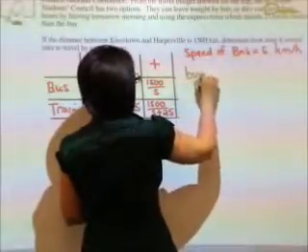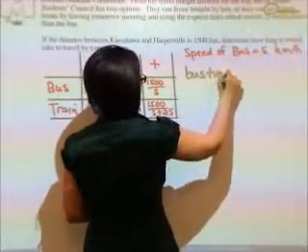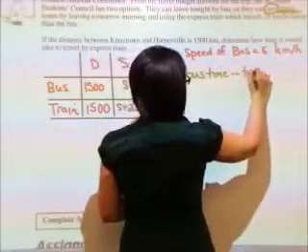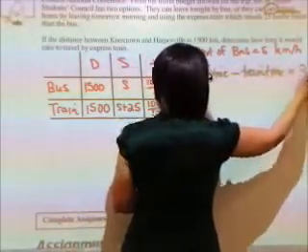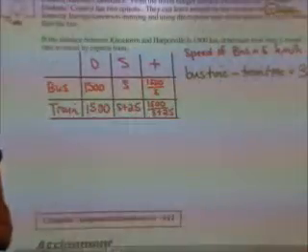So the bus time minus the train time would be 3 hours. That's the important part, realizing which time is going to be greater. Is it going to take longer by bus or by train? Because I'm finding the difference between these two, order is important.